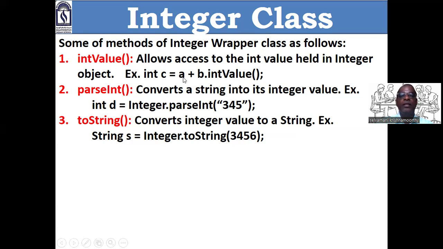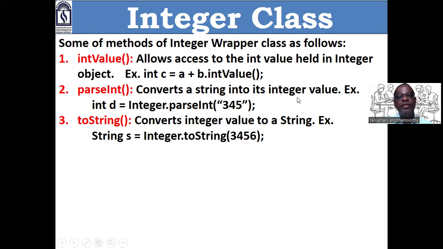See here, a is our integer variable, and directly we can access it, but b is an object. That object has one field, and that field contains the number 50. How to access the value? With the help of intValue we can access it. Am I right? Good.